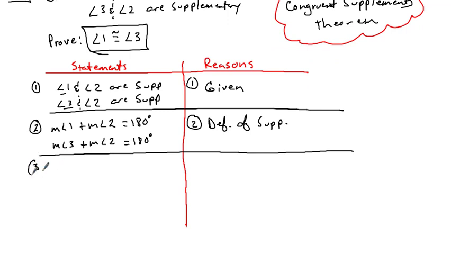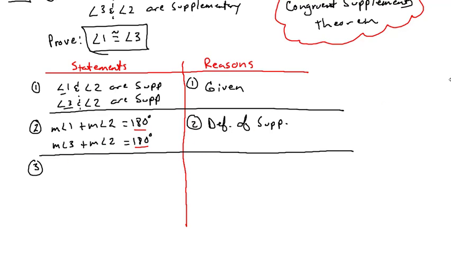So let's move on to number 3. Remember, we're trying to algebraically eliminate the angle 2s. So when we look at this, we see that both of these statements equal 180. Remember that I can substitute things that equal something. I can swap them out, right?